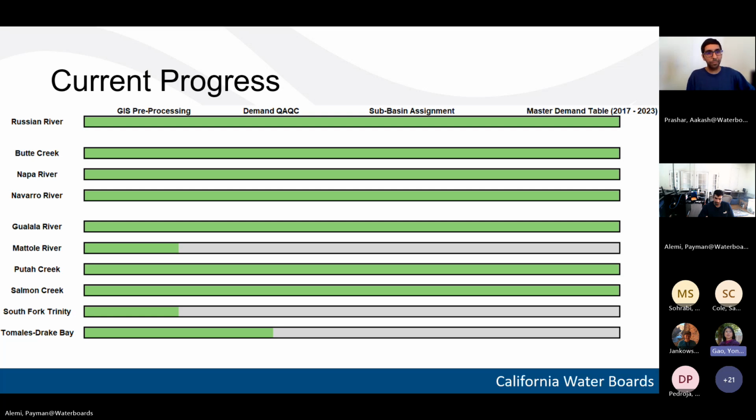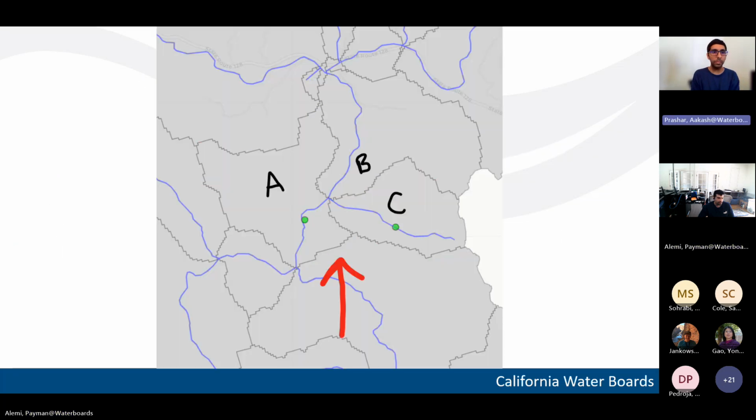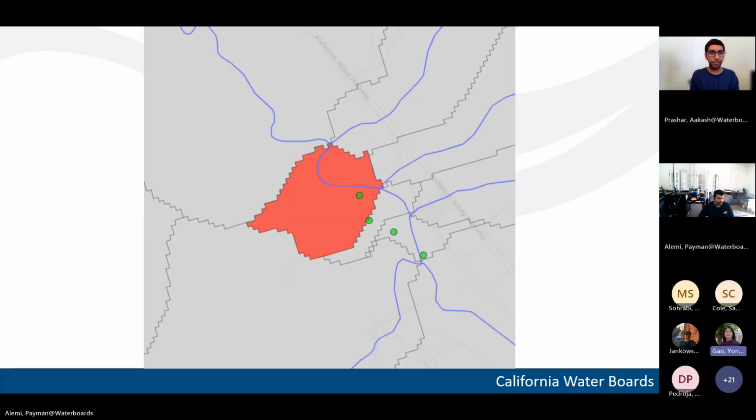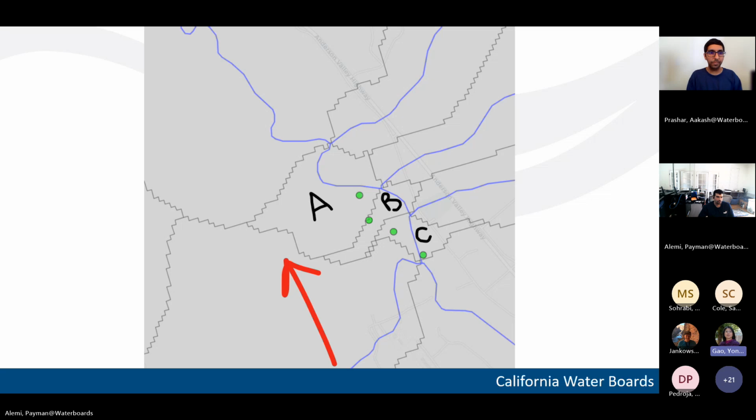If those sub-watersheds are not in the same flow path, you would assign it to the different sub-watersheds. But if they're in the same flow path, I think in the slide you said you would choose the most downstream sub-watershed. Would that create potential issues with the different priority dates within that sub-watershed?